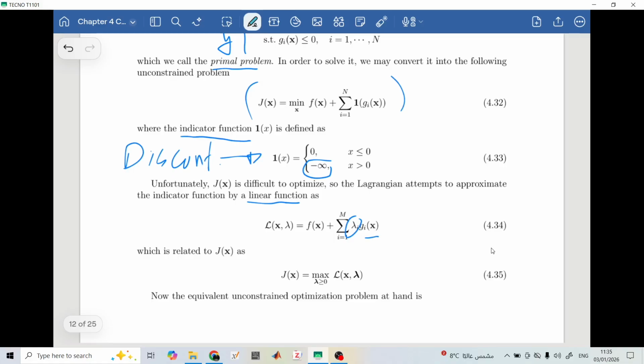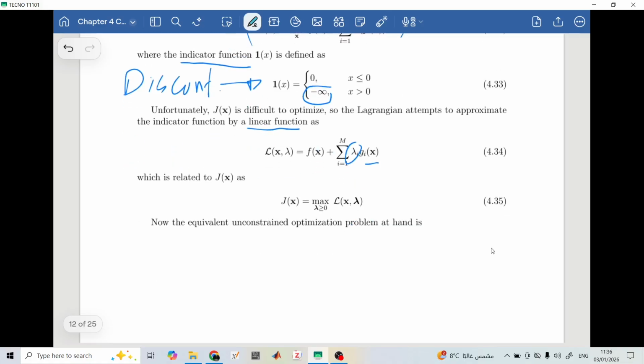So in this case, we have a new problem, the Lagrange, or which is the Lagrangian. We need to maximize, we need to find the best lambda that maximizes this Lagrangian function in order to approximate the indicator function.